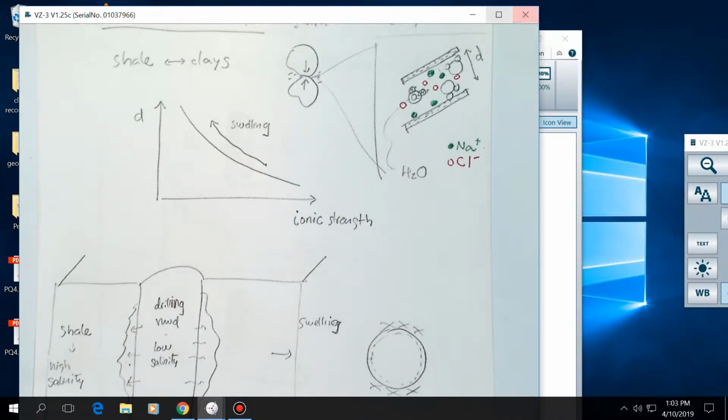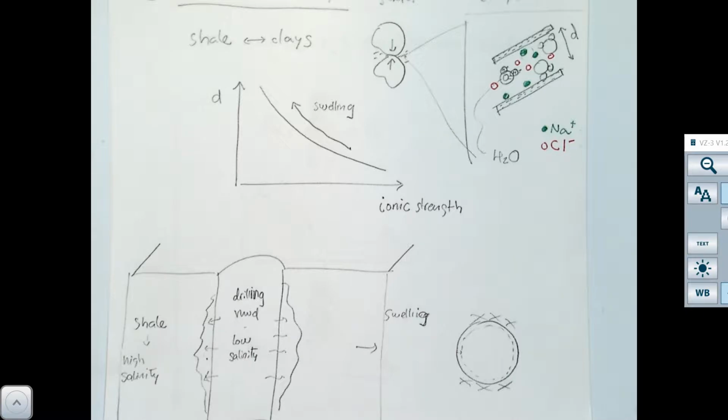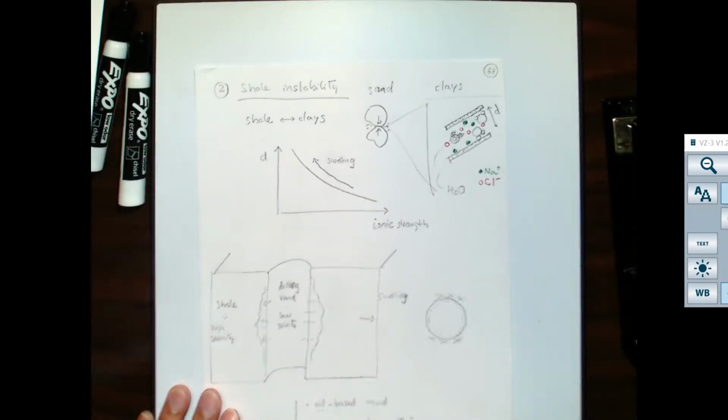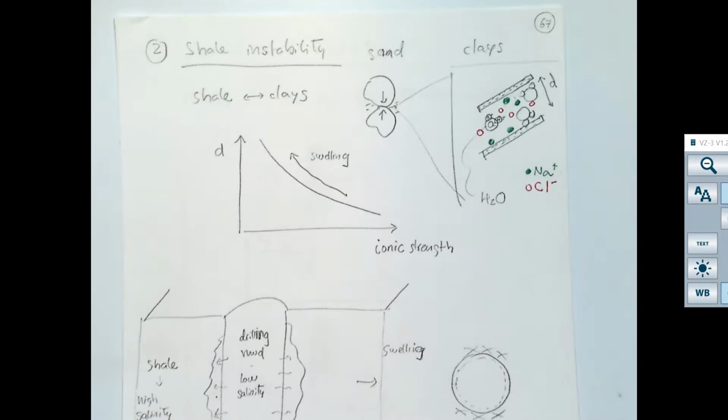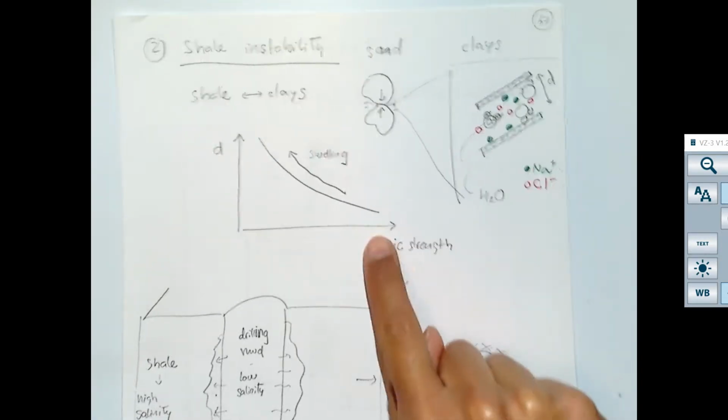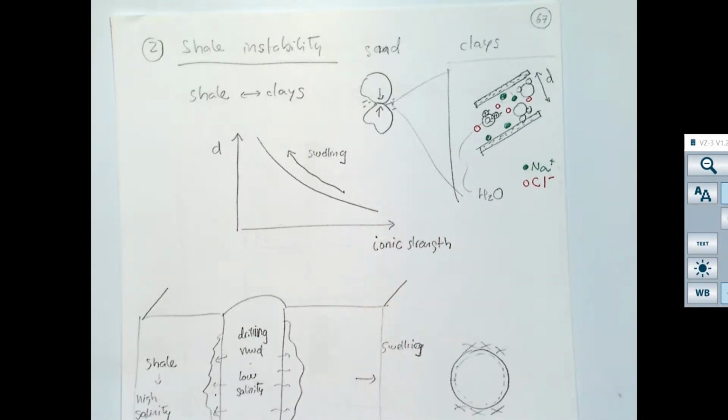Okay. The second effect is the effect of shale stability, and this is linked to the fact that clays are sensitive to the brine salinity. When the brine salinity is high, they tend to pack more closely.